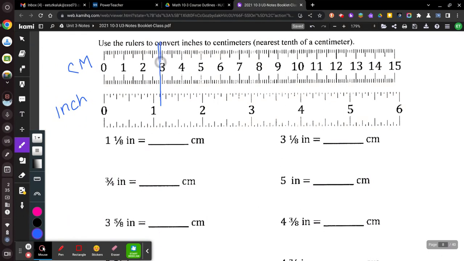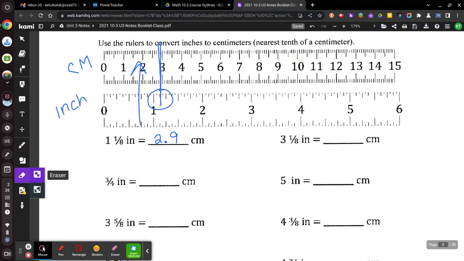Should be around 2.8, 2.9. Okay, we should get 2.9 centimeters. So all we did was we found the number on the bottom and we drew a line straight up. That's all we did.